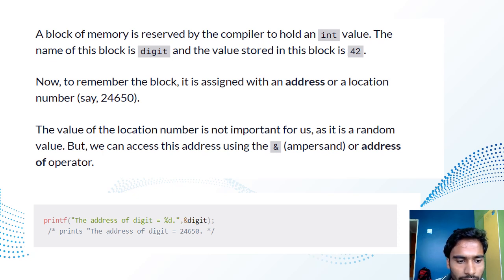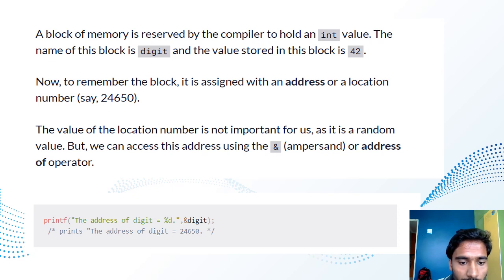Here let us see what is the code written down here. printf("The address of digit = %d", &digit); Basically it prints the address of digit = 24650.